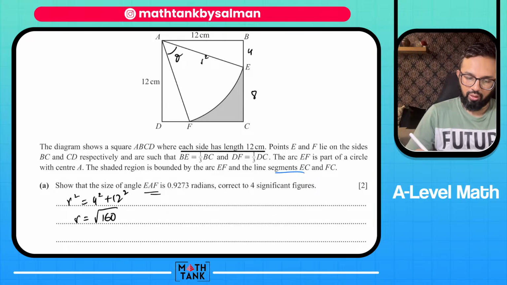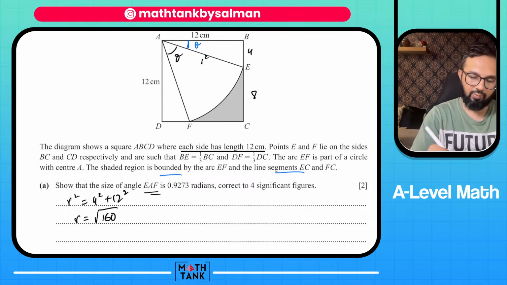Okay. So that's the size of angle EAF. I find this angle first. Let's call that angle theta. Theta is then tan inverse of 4 over 12.